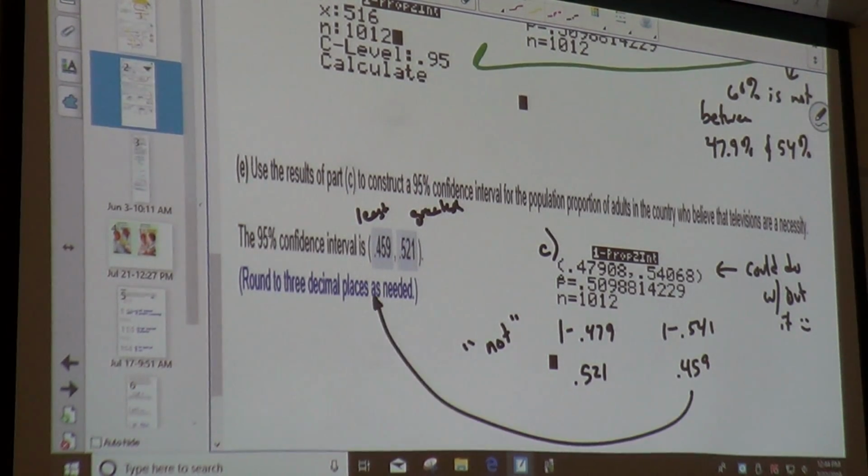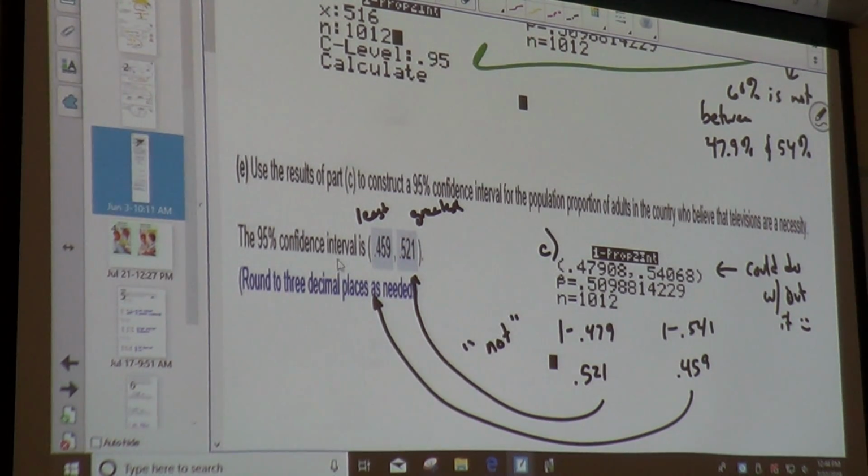So that's why this one went first and this one went second. So either you're pregnant or you're not pregnant. Either you have a TV and you think you got to live with it, or you could do without it. Cool? Better when I explain it.